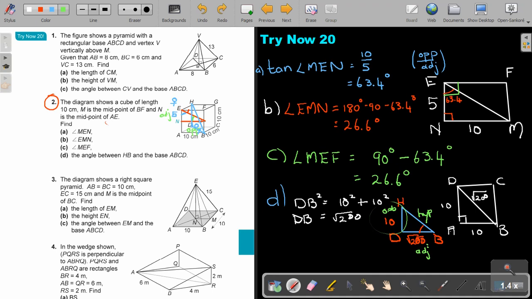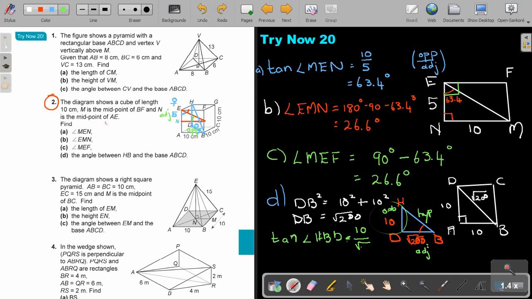So I'm going to say again tan of angle HBD, and that's going to be opposite over adjacent.